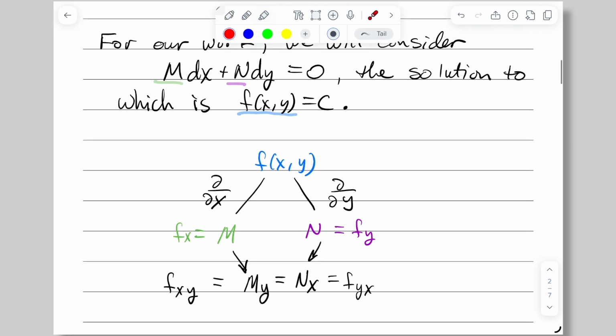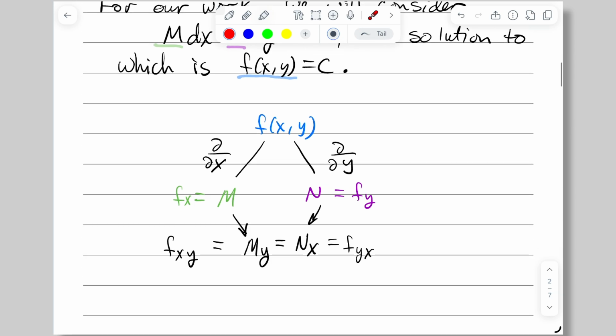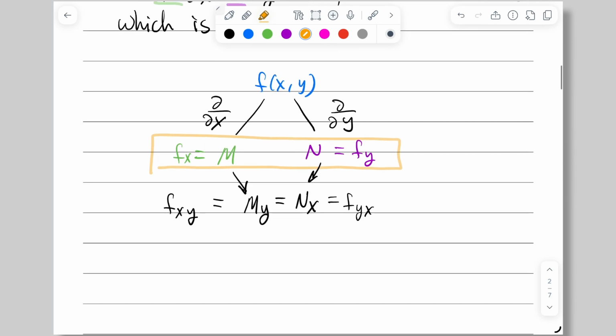Now we're going to be starting with an equation that is M dx plus N dy equals 0, or an equivalent form. And the first thing we've got to do is find out, is this actually exact? So M and N are our starting point. We find partial derivatives to see if the original equation was actually exact, right?